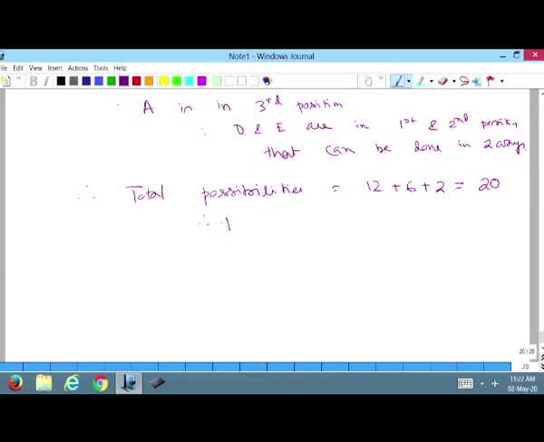Therefore, the probability A comes before B and B before C is equal to 20 upon 120, which is equal to 1 by 6.